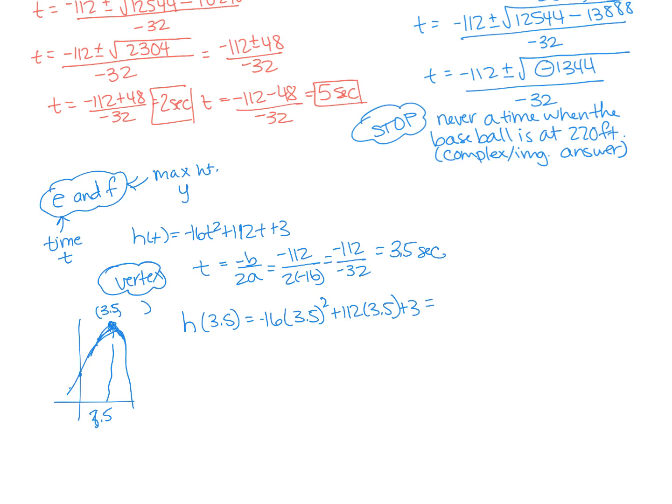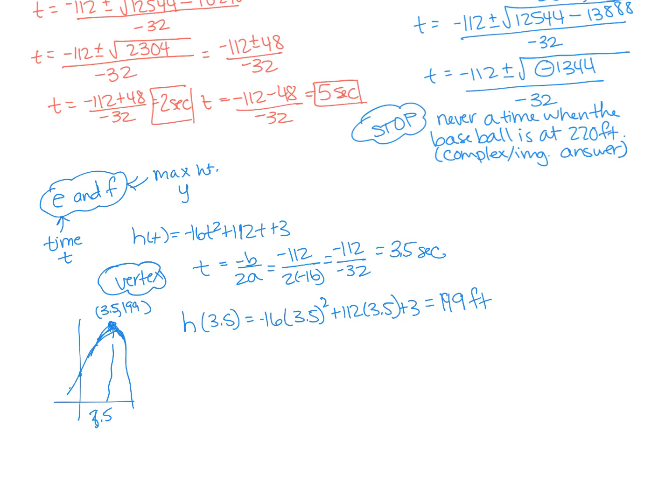I'm going to put that all into my calculator carefully, and you should get approximately 199, not 119. 199 feet. So I'm at 199 feet at 3.5 seconds, and that's my max height and the time when it occurs.